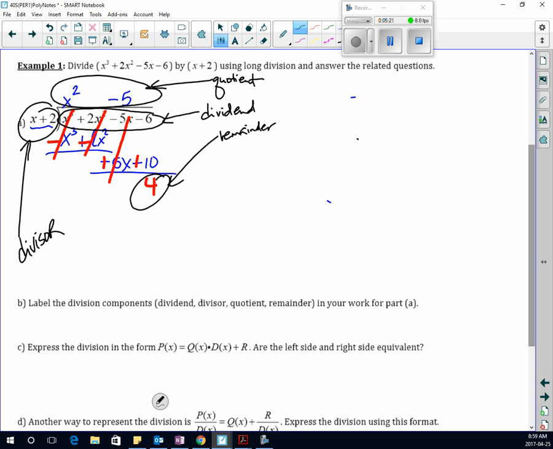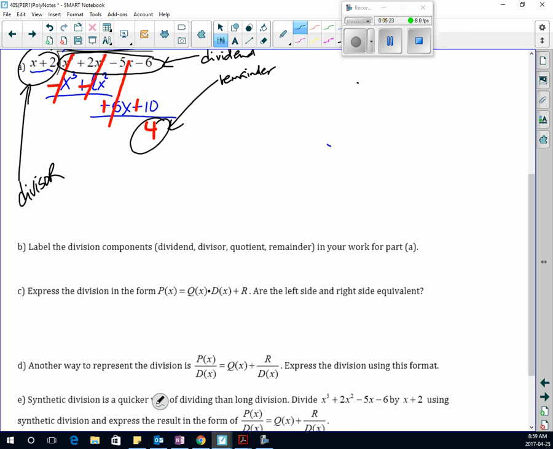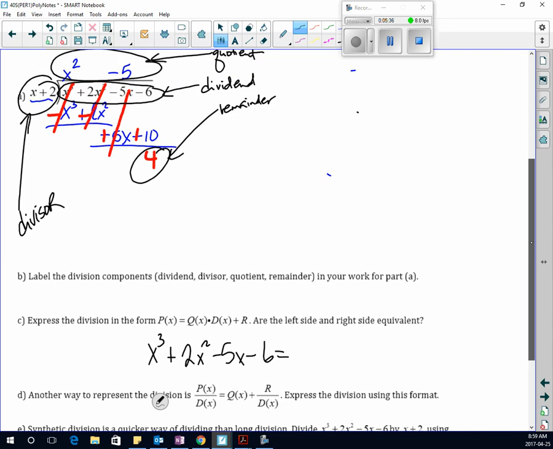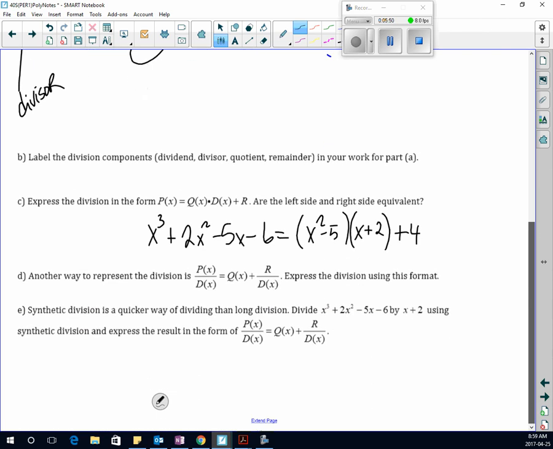So the polynomial, x cubed plus 2x squared minus 5x minus 6, is equal to the quotient, which I found was x squared minus 5, times the divisor, which was x plus 2, plus the remainder, 4. Does everybody see that this is equal to that? And if you don't believe me, let's FOIL this out.